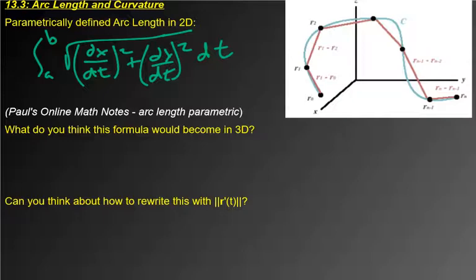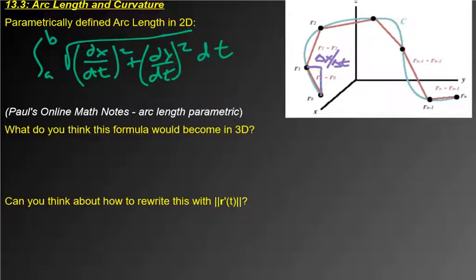The idea here is you're splitting the curve up into little line segments. dx dt would measure a change in x, let's just say that's delta x, with respect to a change in time.